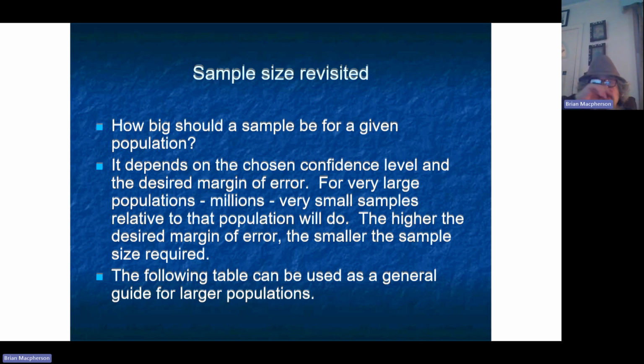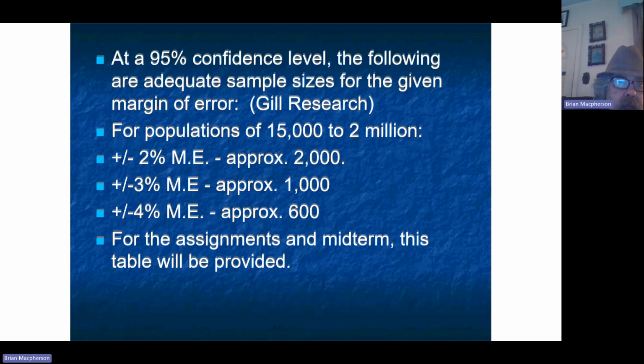So the table on the next slide can be used as a general guide for larger populations. At a 95% confidence level, the following are adequate sample sizes for the given margin of error. For populations of 15,000 to 2 million, plus or minus 2% margin of error, you need approximately 2,000 people to have an adequate sample size.